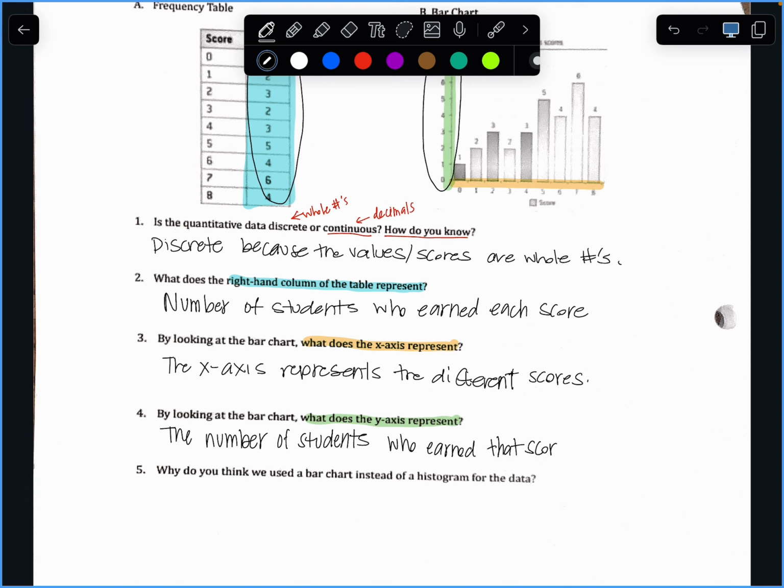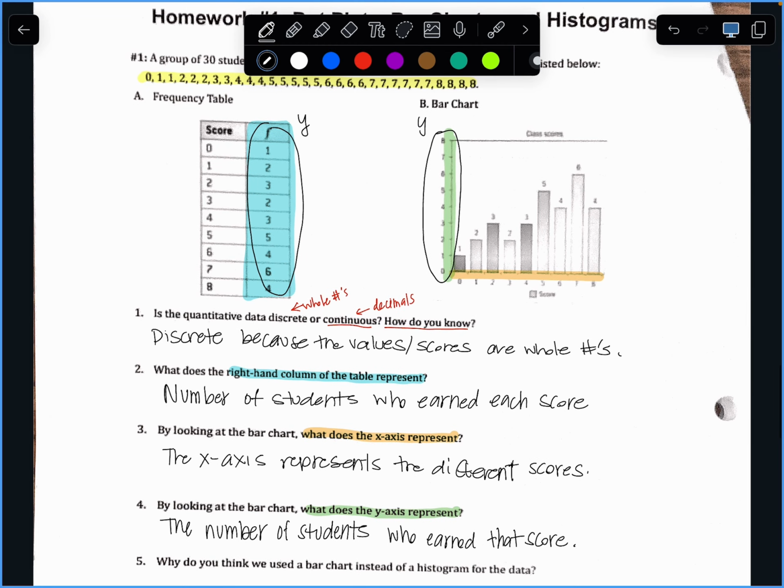Okay, so I don't want you guys to ever miss that, because frequency is the number of students who earn that score, and it's also represented over here on the y-axis. This is X for score and Y is for frequency. How many times did you see that score, right? How frequently did you see it?